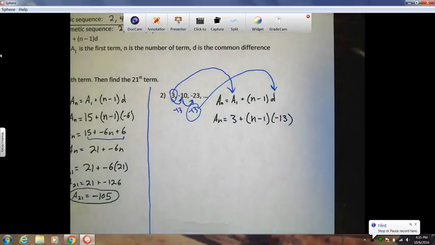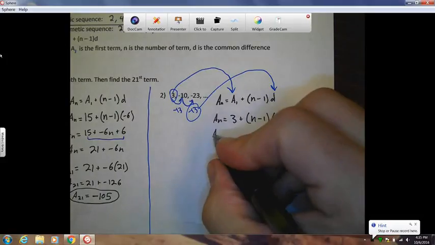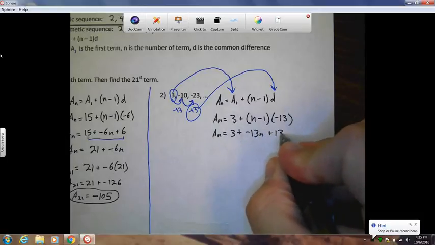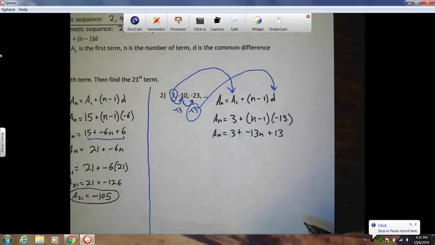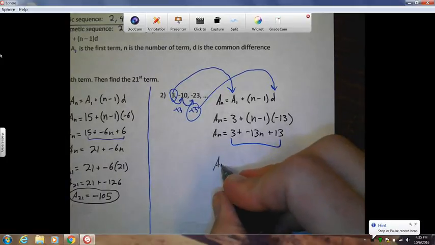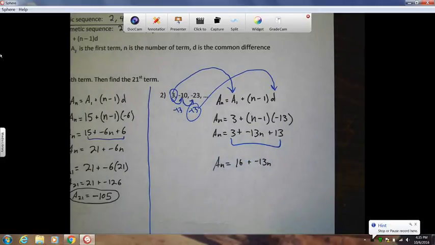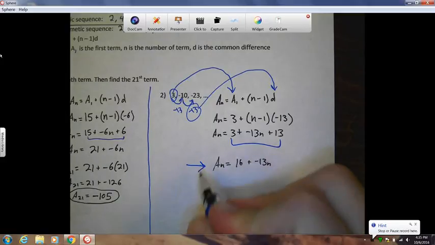So, first term, common difference. Now I need to simplify. A sub n is equal to 3 plus negative 13 times n plus 13. Combine like terms if you have them. So it looks like that. That's my first answer. That's an equation for the nth term.